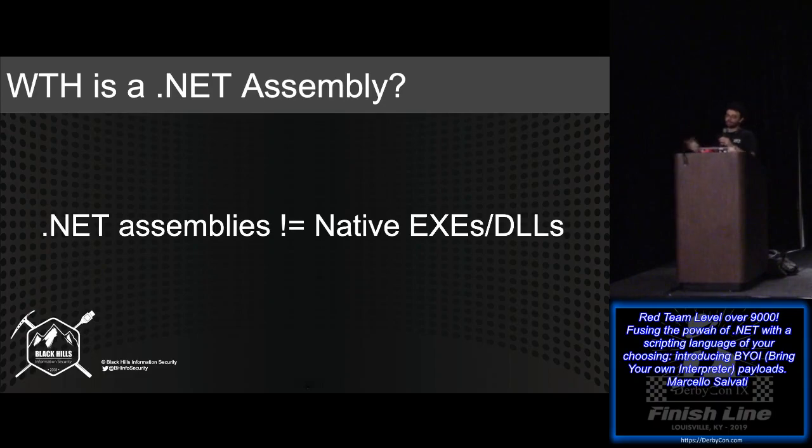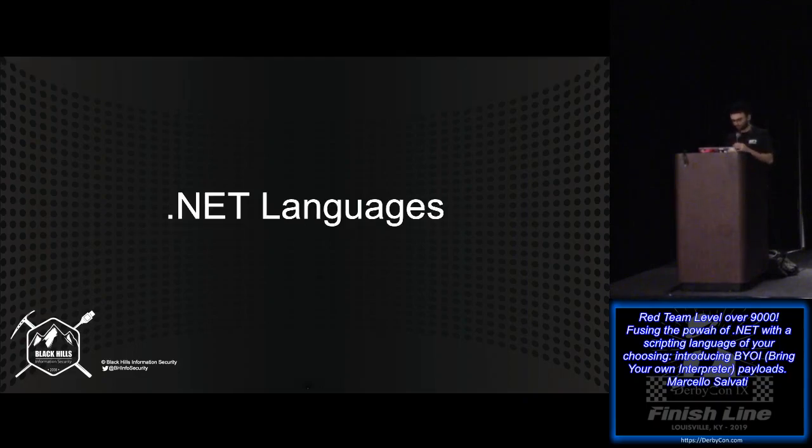A .NET assembly is not the same format as a native executable or DLL. So just because it has .exe or .dll at the end as an extension, it's a completely different format. It could be a whole other talk about the format of a .NET assembly, because that in itself is a rabbit hole. But this is a very important distinction to know about.